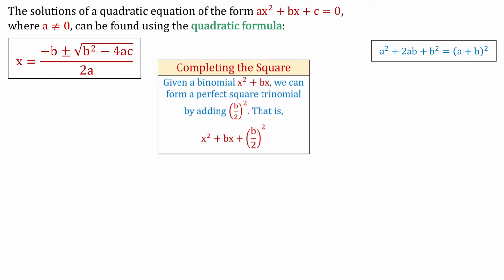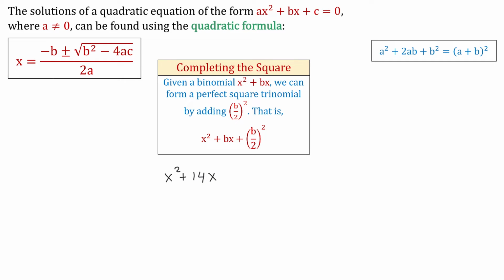Now, one more topic we have to review is completing the square. If we have a binomial x squared plus bx, and we want to form a perfect square trinomial, then we need to add (b over 2) all to the second power. For example, let's say we have the binomial x squared plus 14x.